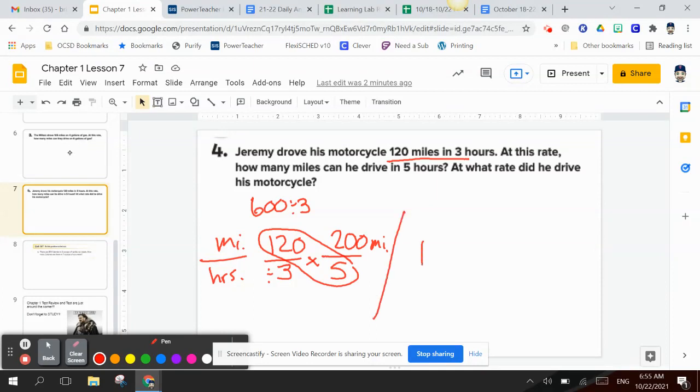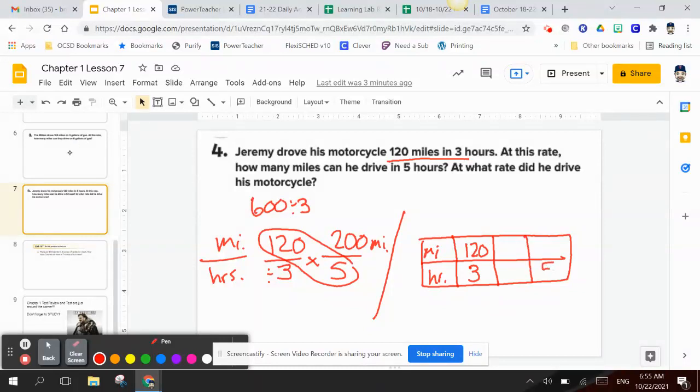But we can do that also with the ratio table, where I'm comparing a couple things where I have miles and hours. And I know I can go 120 miles in 3 hours. I want to know how far I can go in 5. I look at it this way. You can also find out how far you can go in 1 hour. So since my numbers are getting smaller, I can divide each of those by 3, because 3 divided by 3 is 1.